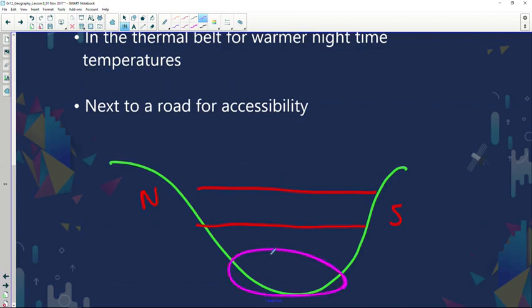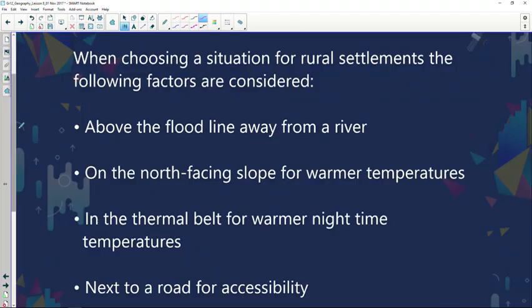Why not? Because we might experience very cold conditions, and obviously we experience the frost pocket down there. And if we do settle down there, just rather farm down there, and remember to farm frost-resistant crops.